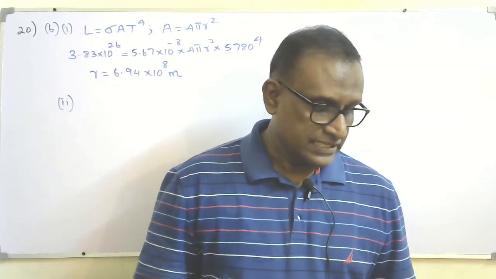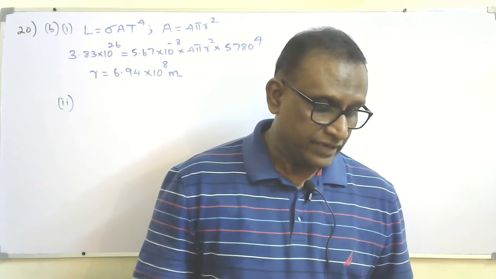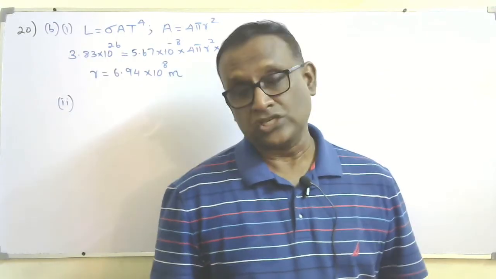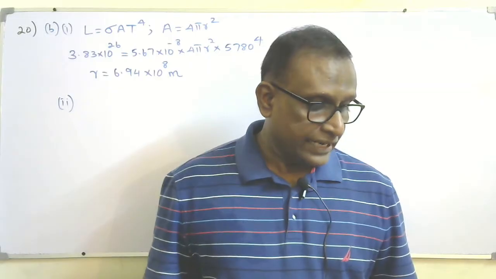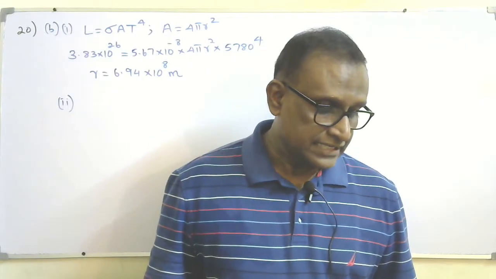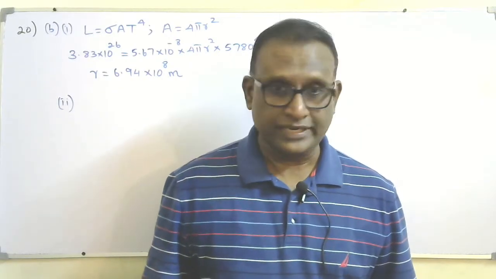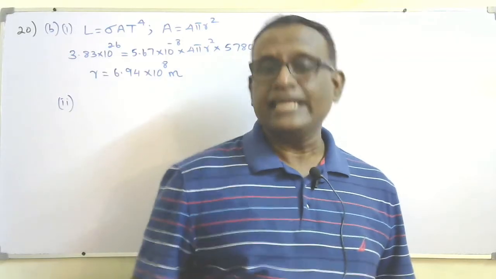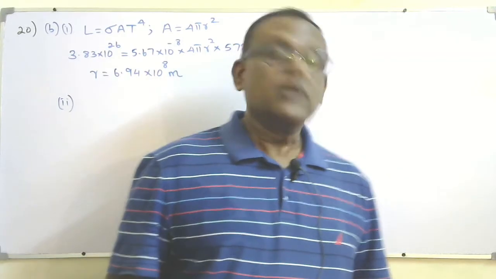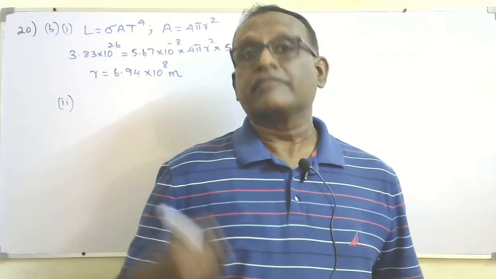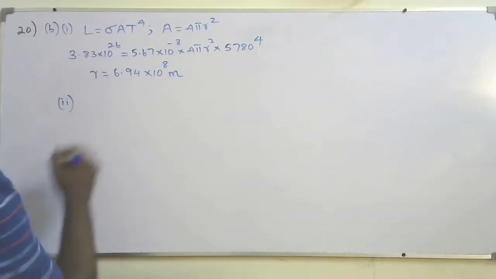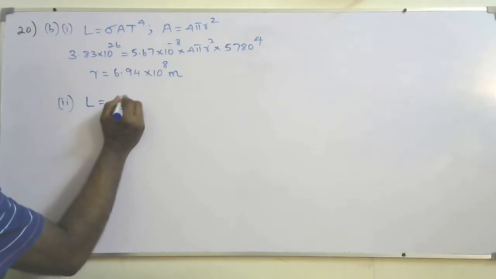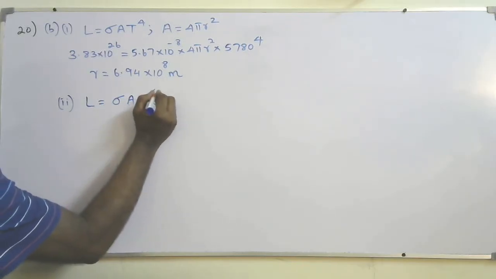So the question is, lambda max is the wavelength at which peak power radiation occurs. Show that when the sun is in its red giant stage, lambda max is... we need to find it. So I need to find the temperature of the red giant. I can find it by using again L = σAT^4.